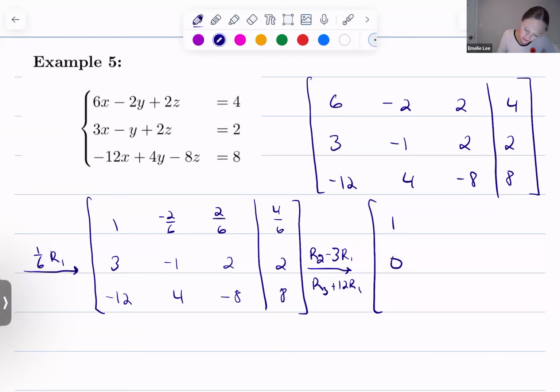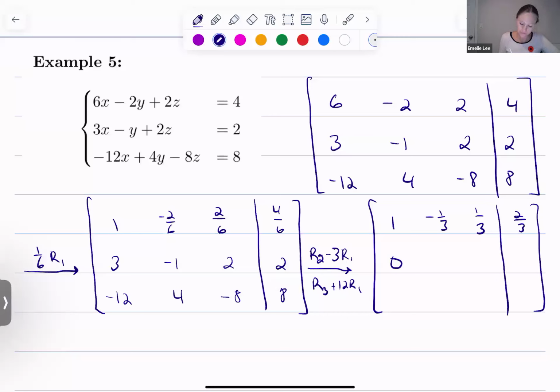Oh, it looks like that's what I did anyways. -1/3, 1/3, and 2/3. Negative 1 minus 3 times negative 1 over 3.